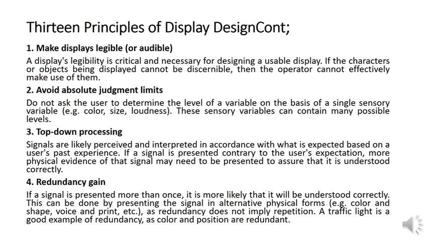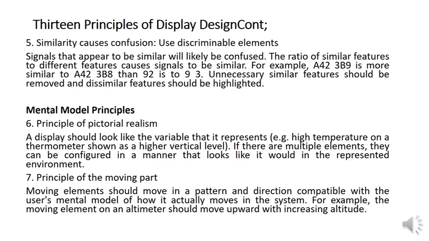A traffic light is a good example of redundancy, as color and position are redundant. 5. Similarity causes confusion. Use discriminable elements. Signals that appear to be similar will likely be confused.